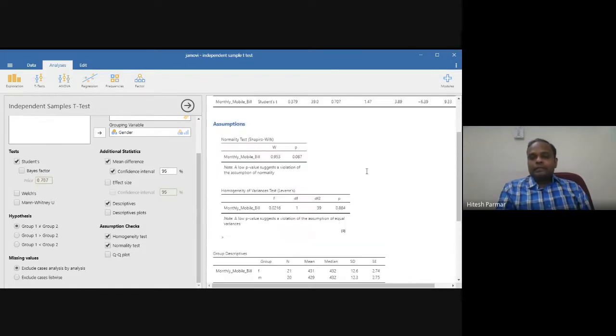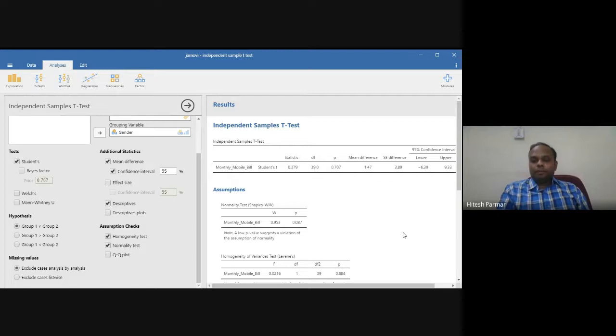So to check this mean difference, we will require the p-value. And this is our p-value, 0.707, this one. So we can say that the difference between these two groups is not significant. It is just by chance because the p-value is more than 0.05. So we fail to reject our null hypothesis.